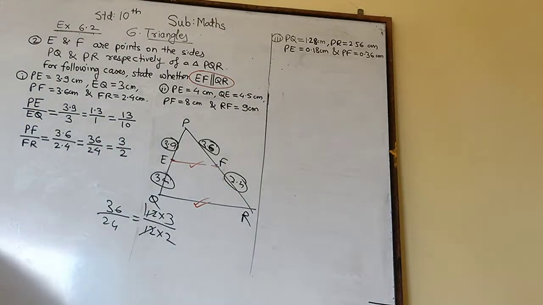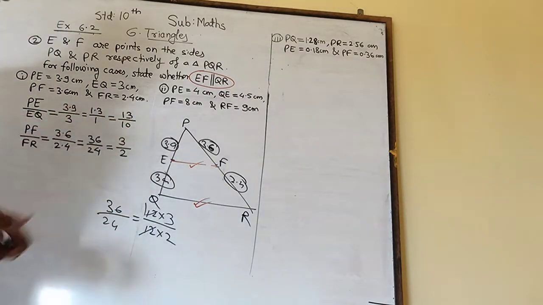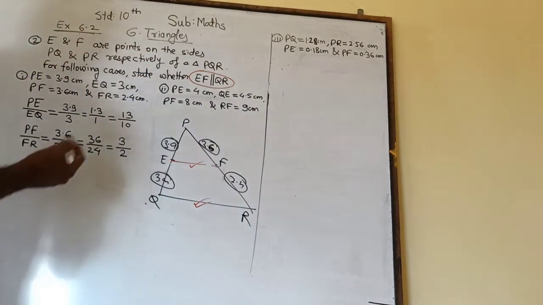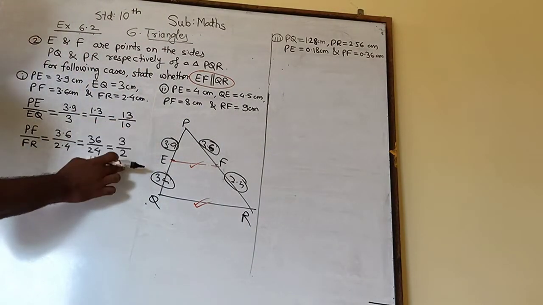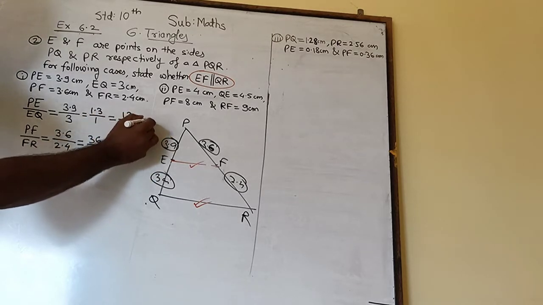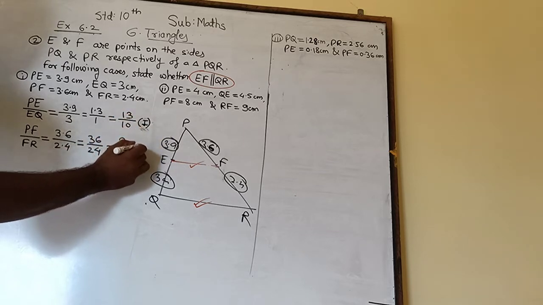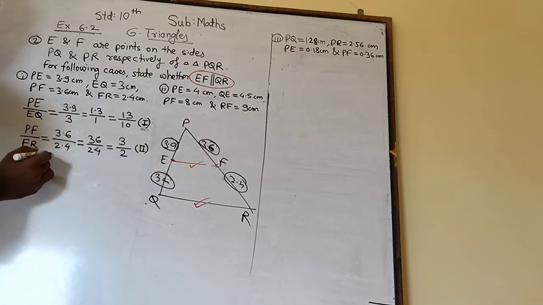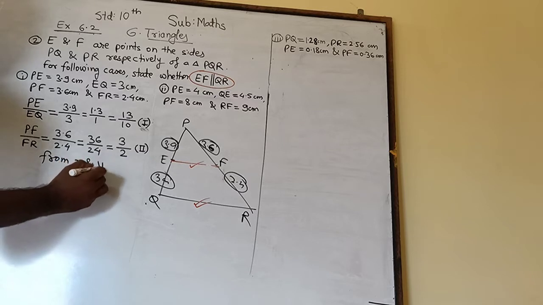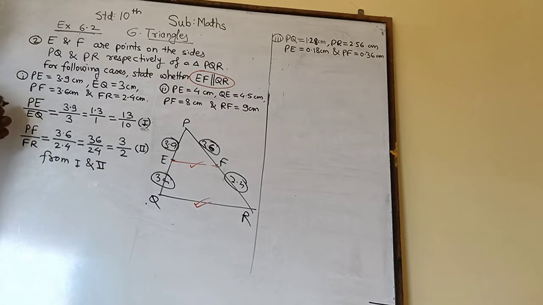So students, we can see after getting these two ratios, are these equal? No, it is 13 upon 10. Let's say it is 1 and suppose this is 2. So from 1 and 2 we can write that these two are not equal.